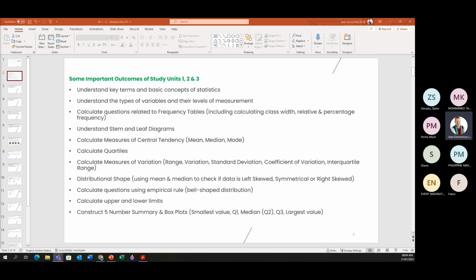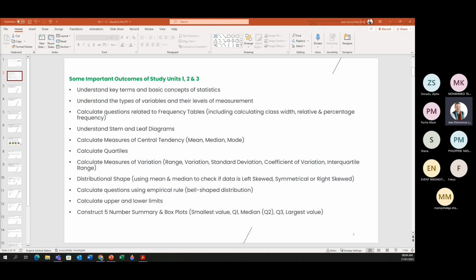Study unit 2 covers ways of representing the data, and study unit 3 gives us calculations to describe the data.